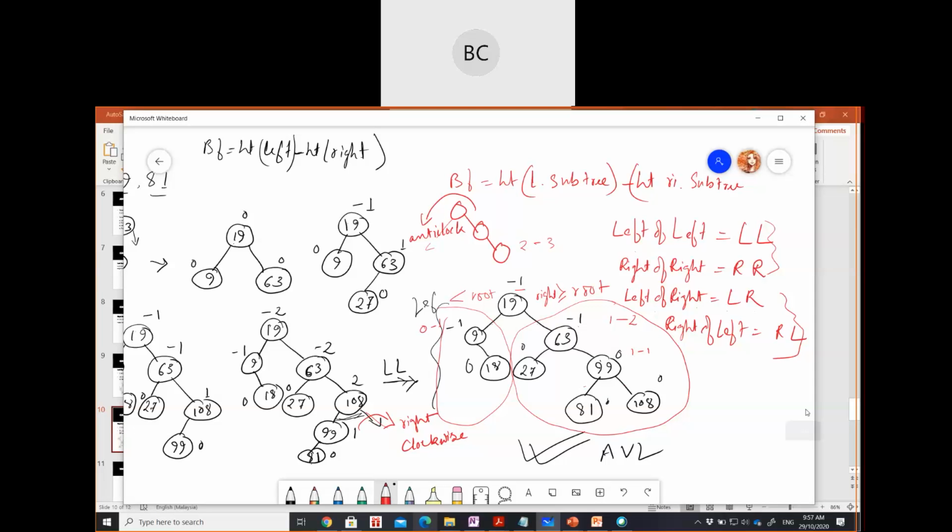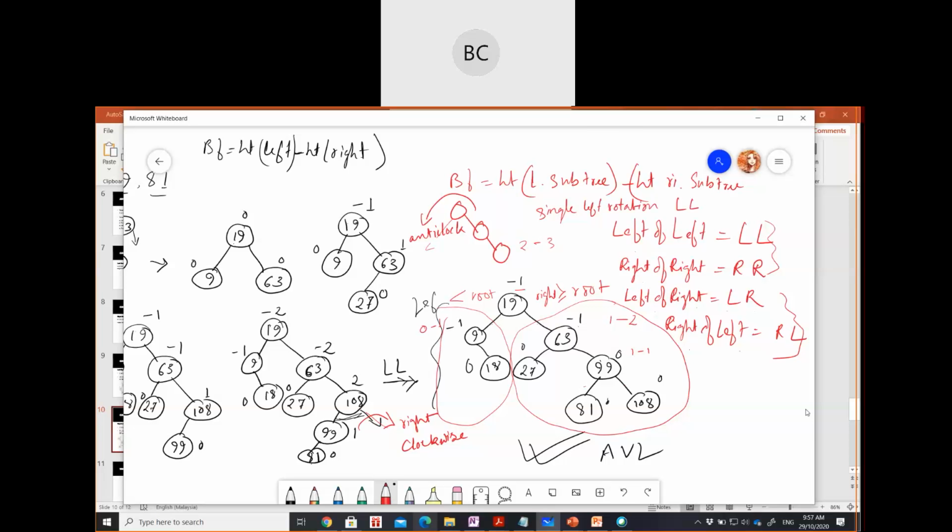Is the insertion. It's a bit confusing. Even lots of sites or books also do that confusion. So they just say single left rotation equals LL. But this is not the correct one.